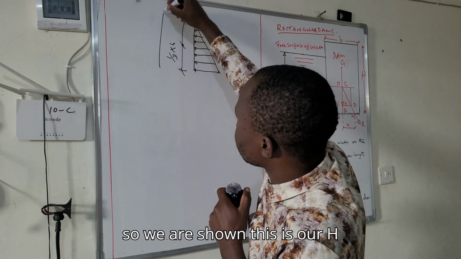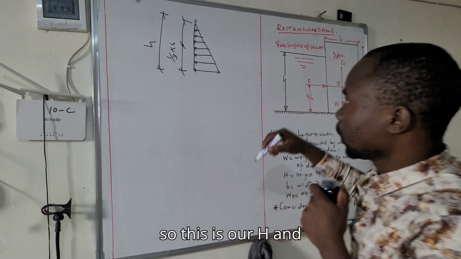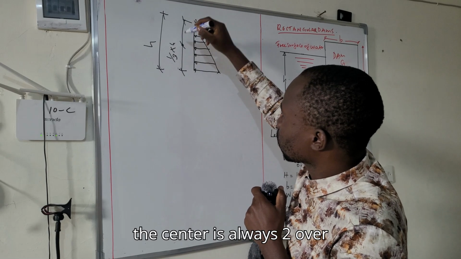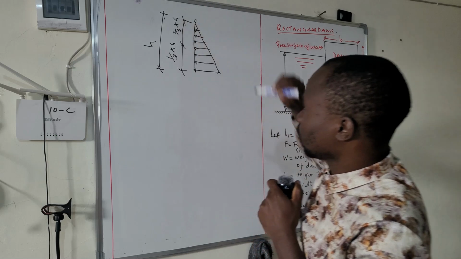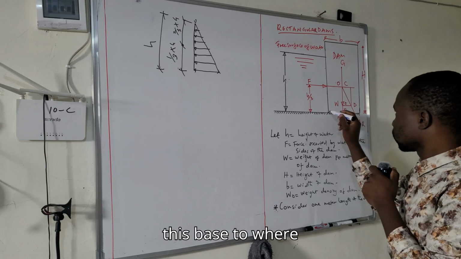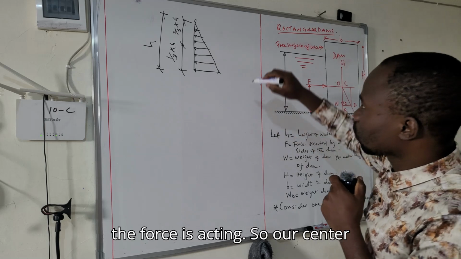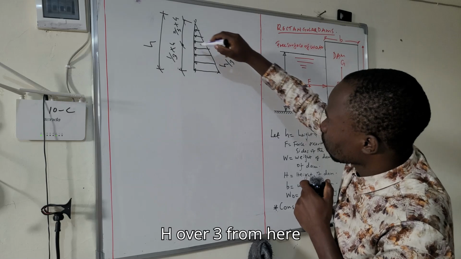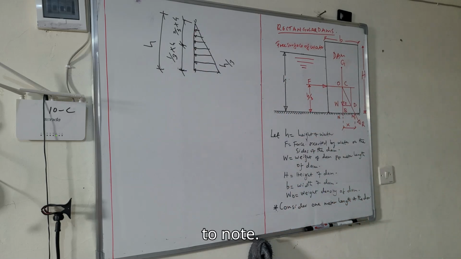So we assume this is our h. And from the top coming to the center is always 2 over 3 times h. In our case, we are moving from this base to where the force is acting, so our center of gravity will be h over 3 from here to here. So that is one thing to note.